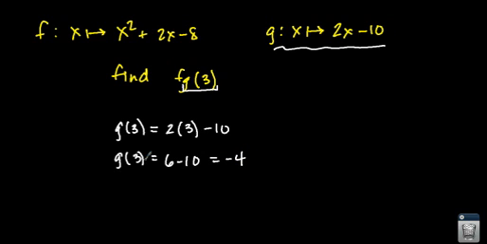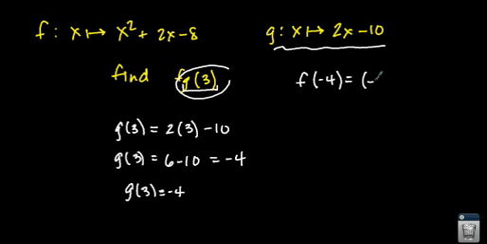Alright, now that we found g of 3, we can replace this for f of negative 4. So basically, since g of 3 equaled negative 4, I'm substituting negative 4 in for g of 3. Now I have f of negative 4, and everywhere I see x, I substitute in negative 4.